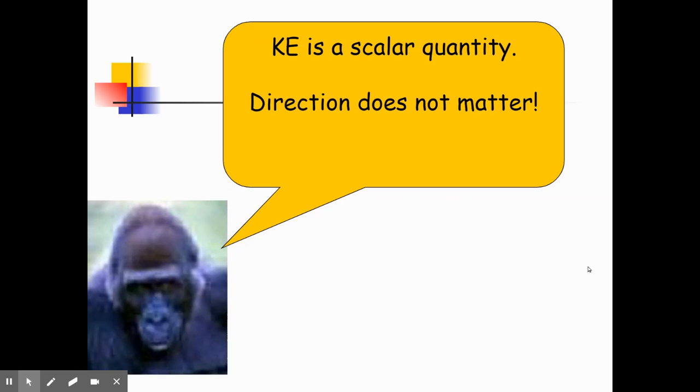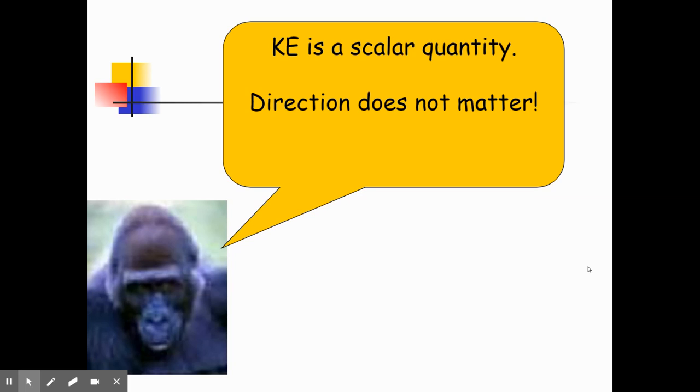Kinetic energy is unique in that it is a scalar quantity, which means it does not matter which direction you're moving. I could be going forward with 5 joules of kinetic energy, or I could be going backwards with 5 joules of kinetic energy, and both of them are going to be considered to be positive kinetic energy.